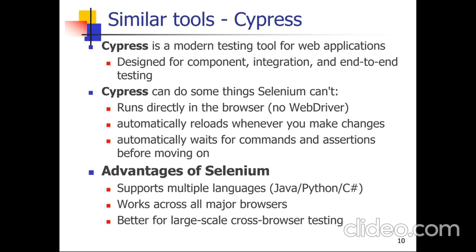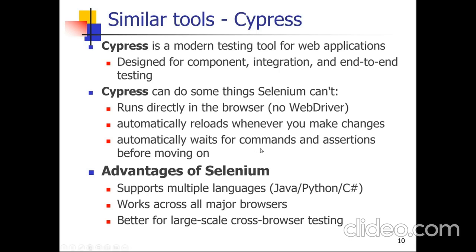But with Selenium, you need to run the code after you make changes. It doesn't reload automatically. Also, Cypress will wait for the commands and assertions before moving on, but Selenium just moves on by itself until you exit it.